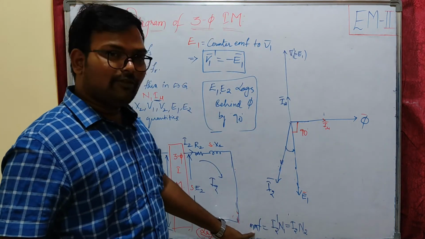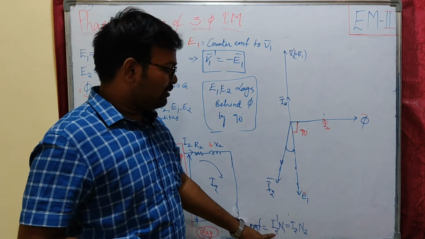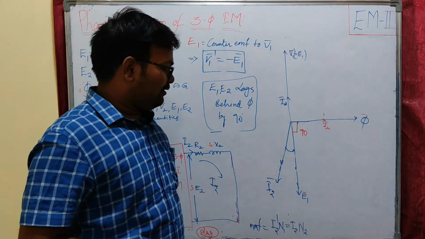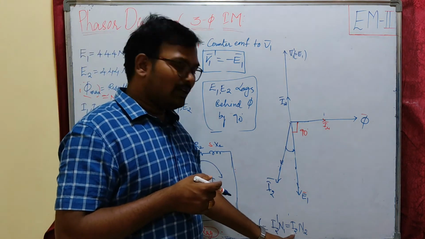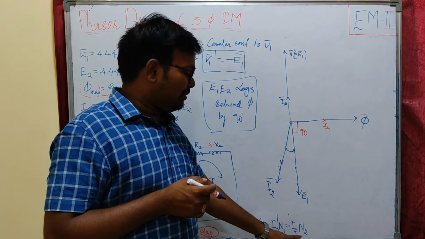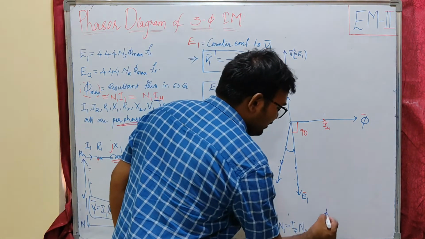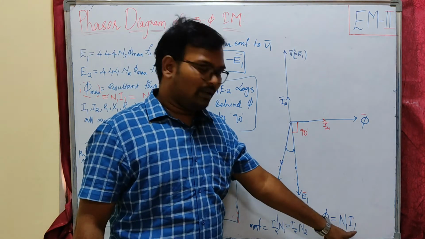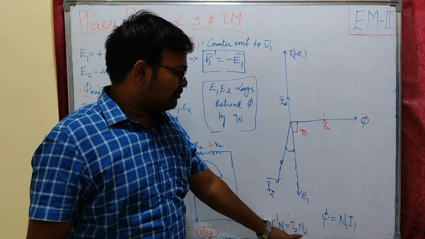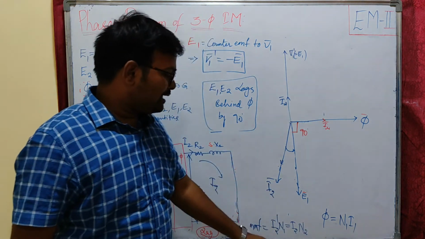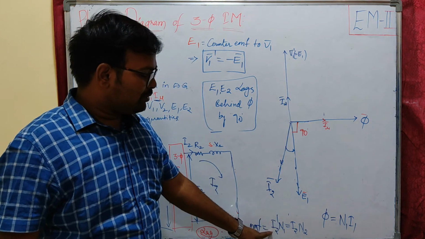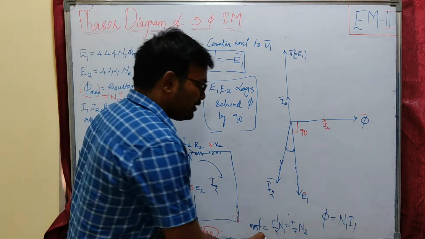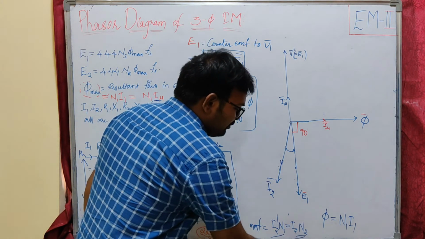So the MMF for our load component of stator current is I2 dash N1, which is equal to the load current times the rotor turns. Whenever the load current causes a disturbance, in order to compensate this flux, our stator will produce the load component of stator current I2 dash, and the magnitude of I2 dash N1 is equal to I2 N2.